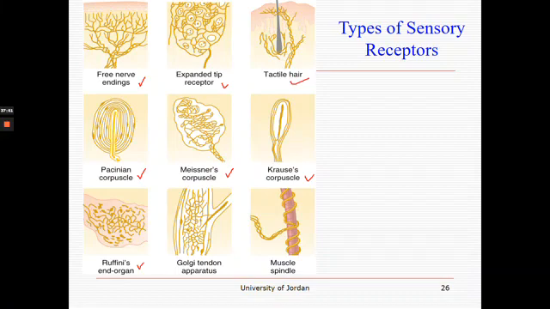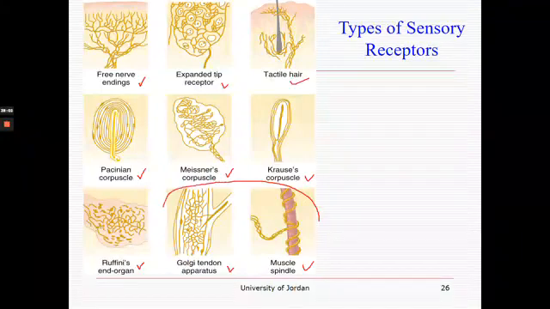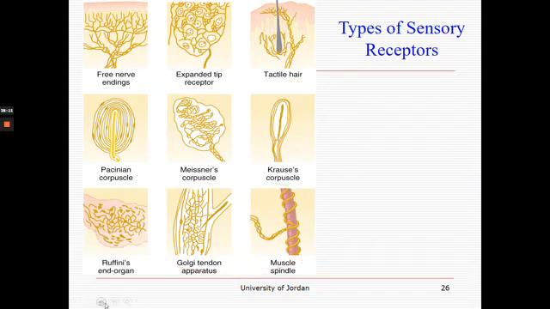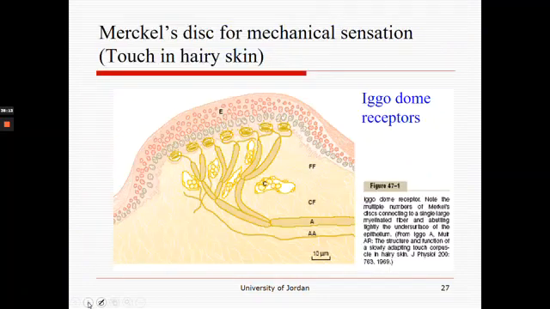Ruffini end organ around the joint and in the dermis. Golgi tendon apparatus or Golgi tendon organ and muscle spindle, these are found in the skeletal muscle and on the tendon. We are going to discuss them when we discuss the motor system and the spinal cord.